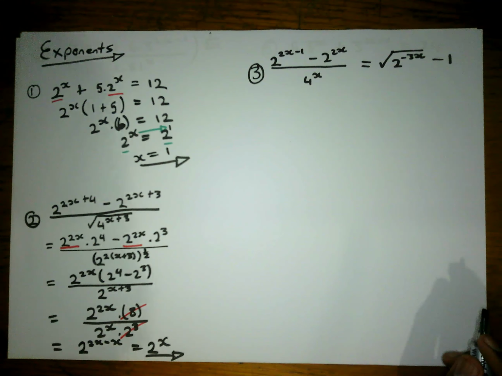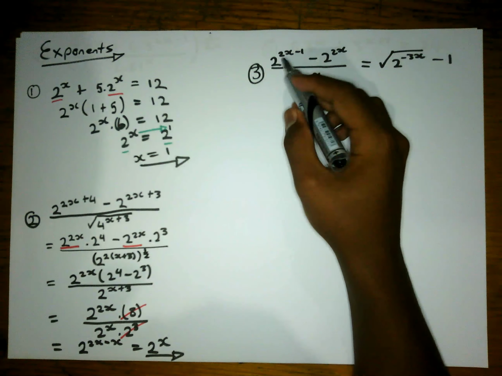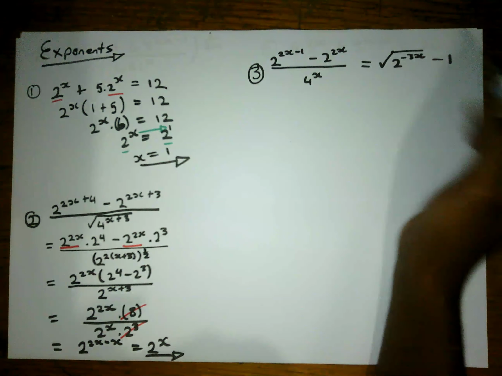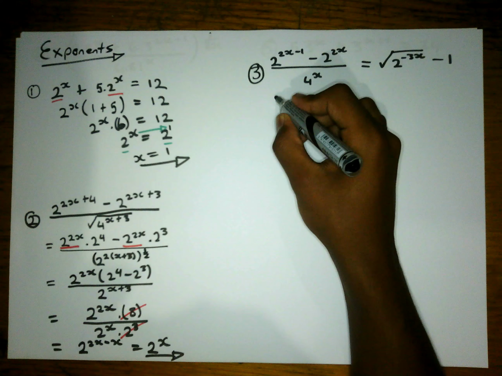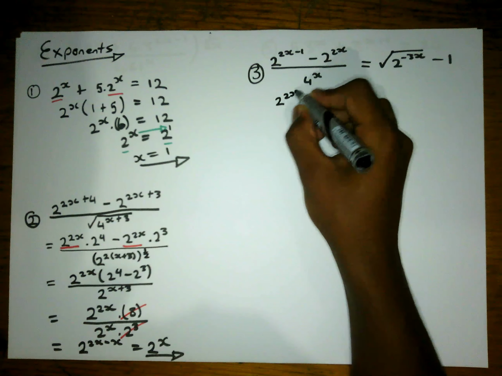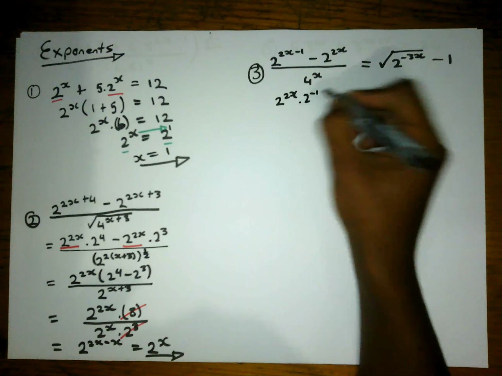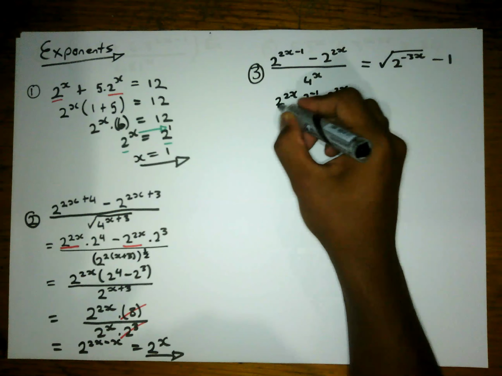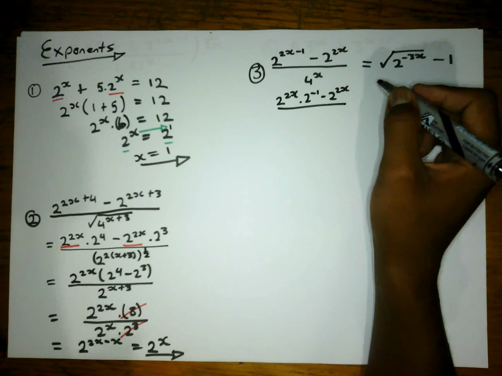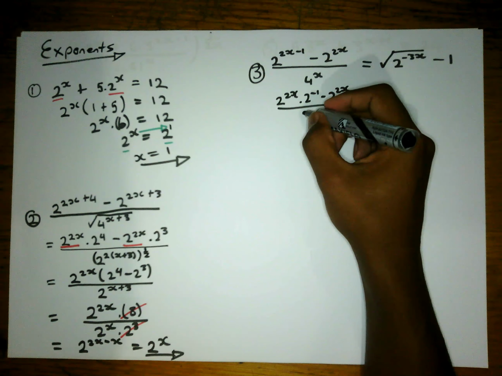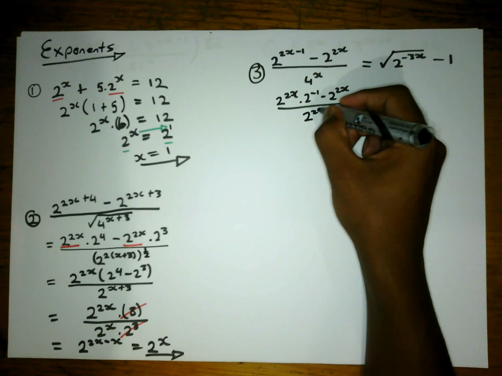So this next one is a bit bigger, but we do the exact same thing. We're first gonna simplify the exponents on top, and we're going to write it as 2 to the power of 2x times 2 to the power negative 1 minus 2 to the power of 2x over. Yes, we are going to simplify this bottom one to the power of 2x.